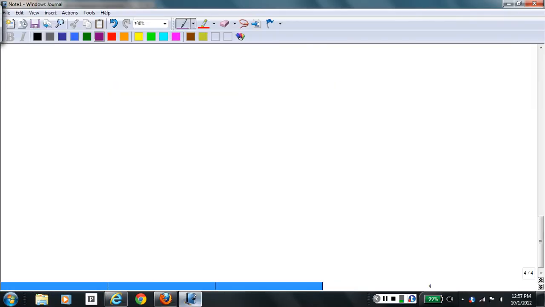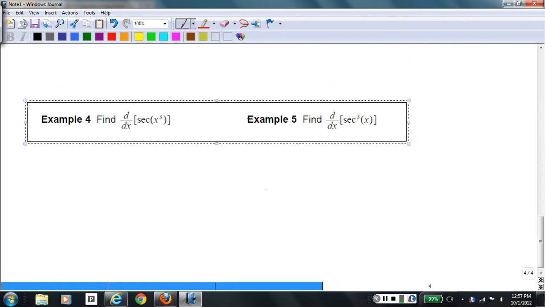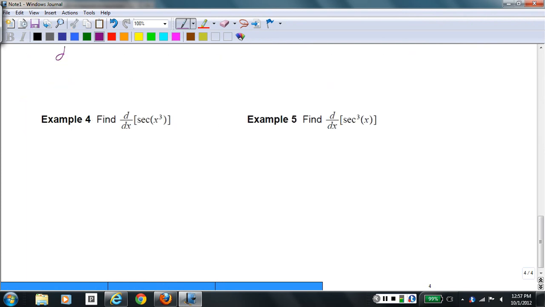I think we're going to need to review this. Maybe up here would be good. How about d dx of just plain old secant x? Secant x tangent x. That's what it was, right? So the derivative of plain old secant x is secant x tangent x.